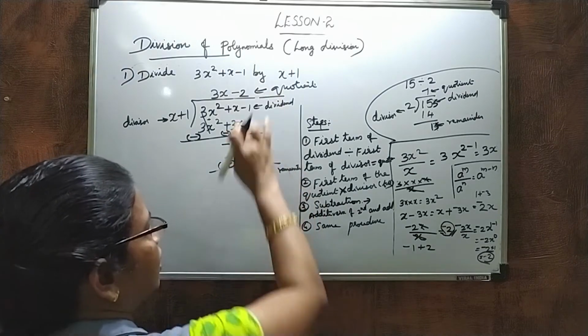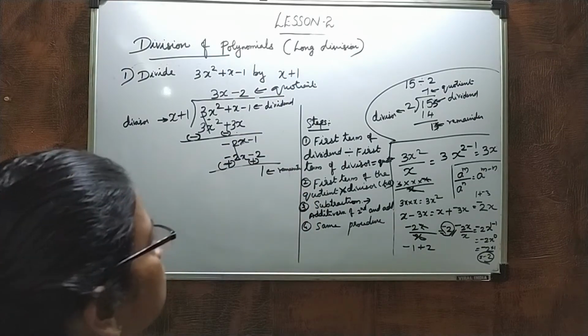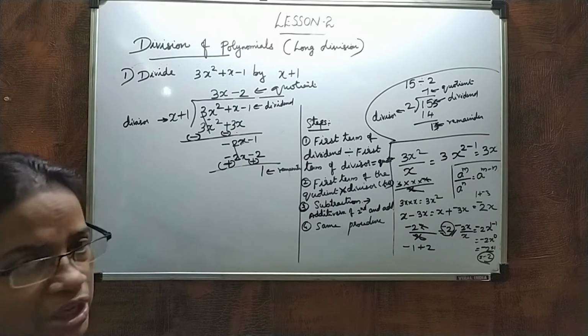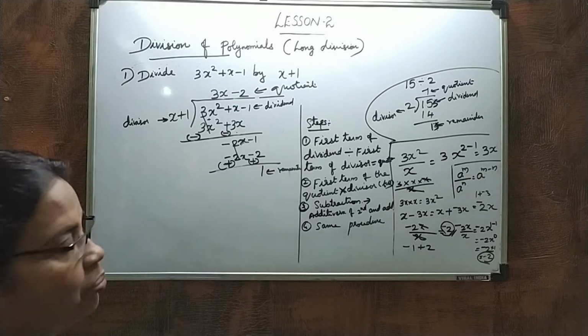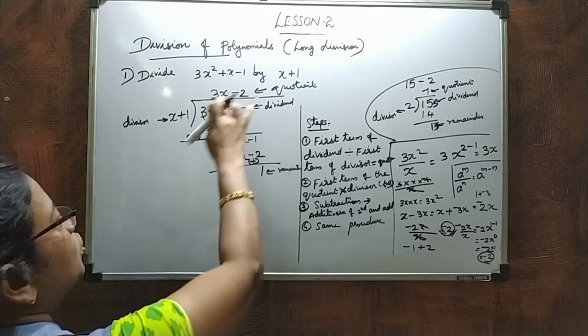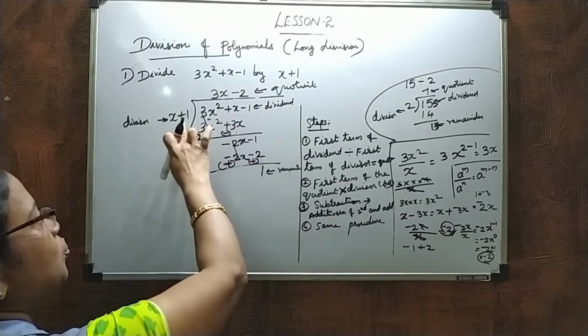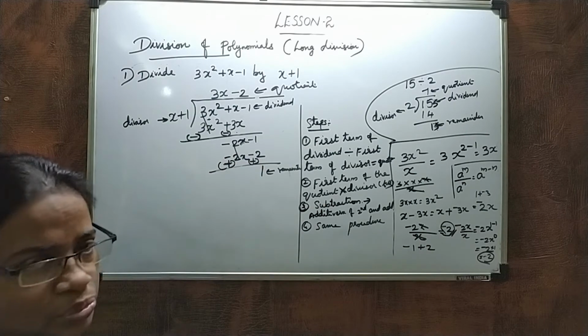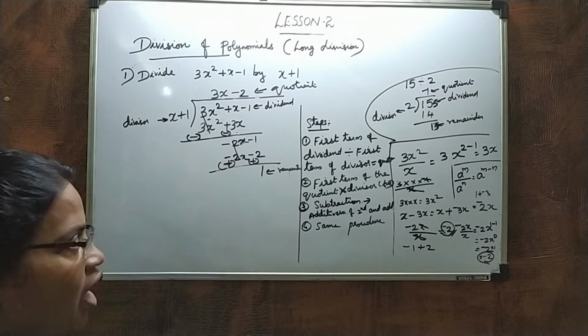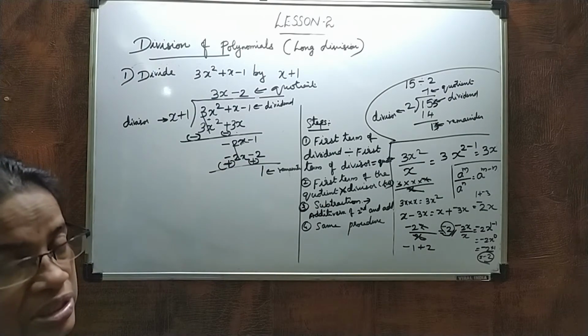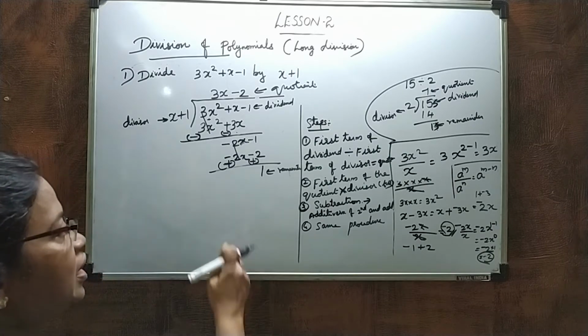Then you got here negative 2. After getting negative 2 here, you have to multiply. Negative 2 into x, negative 2x. Negative 2 into positive 1, negative 2. Then after multiplication, subtraction, additive inverse and add.